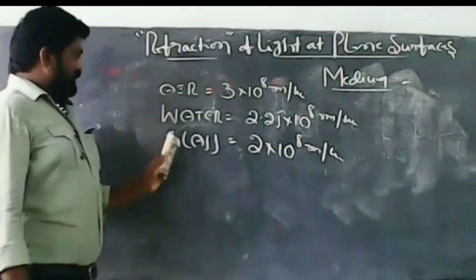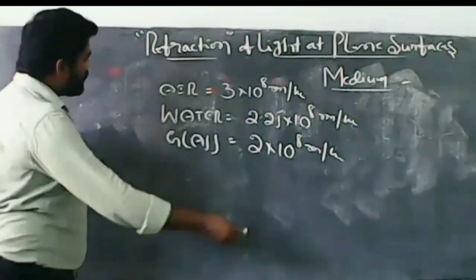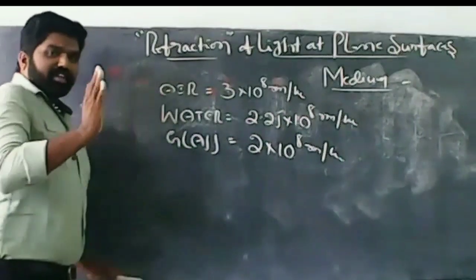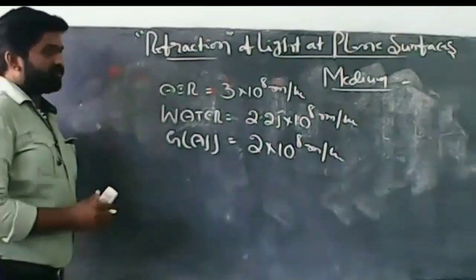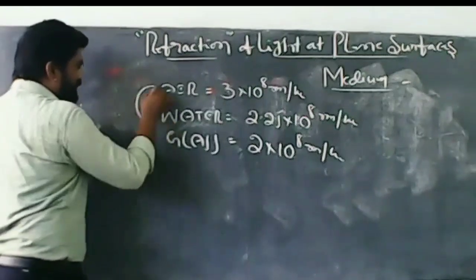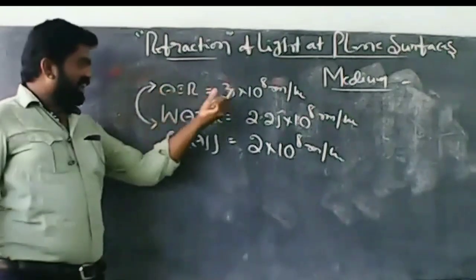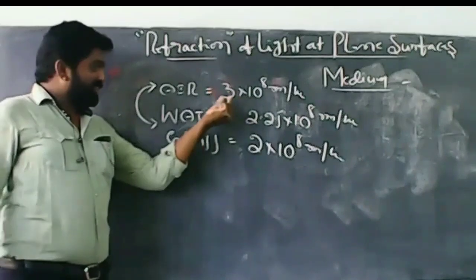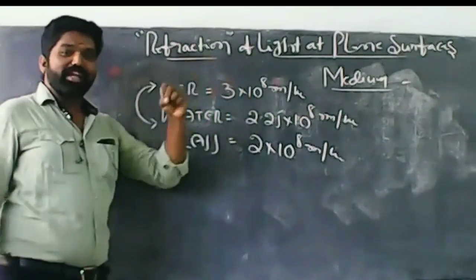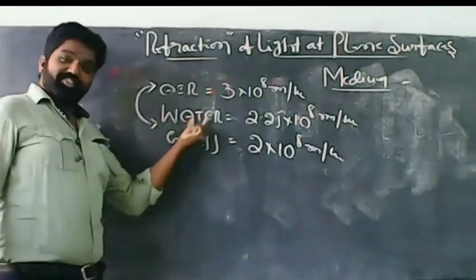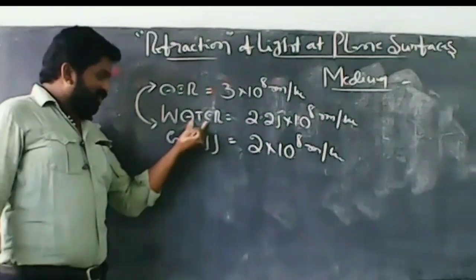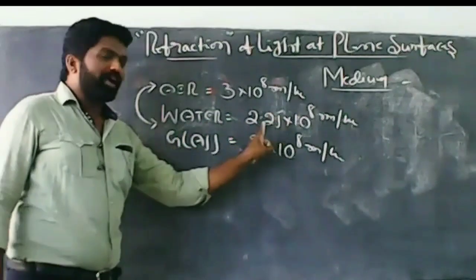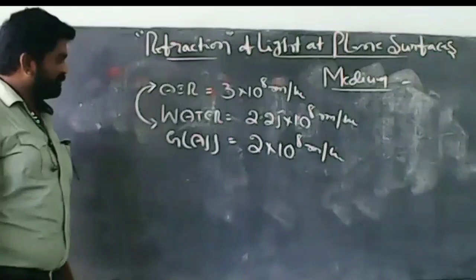See here, in these three substances, let us compare air and water. Compared to water, the velocity of light in air is more, that is 3 into 10 power 8 meters per second, while in water it is 2.25 into 10 power 8 meters per second.